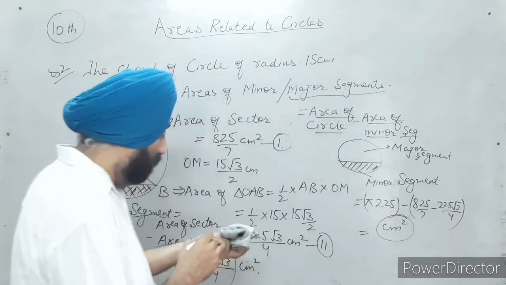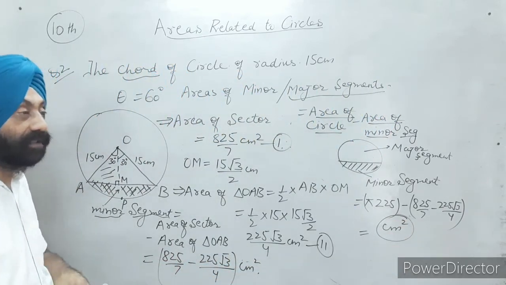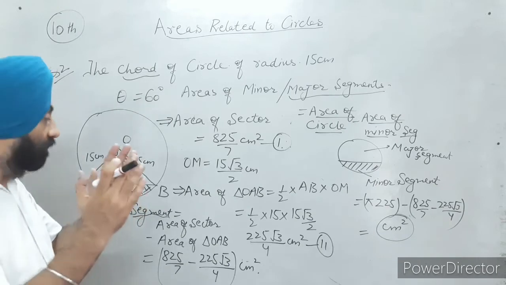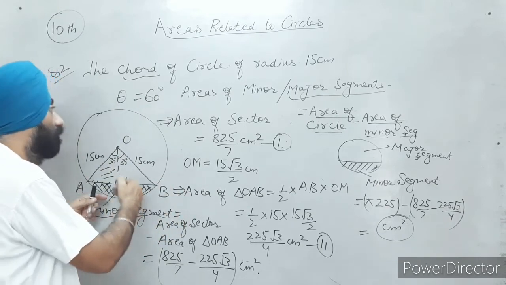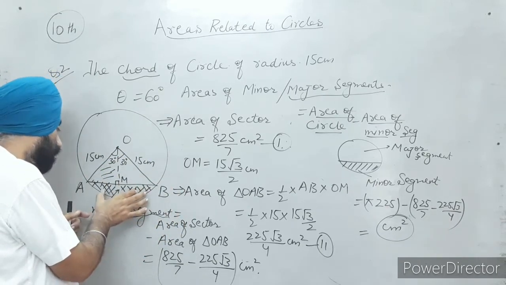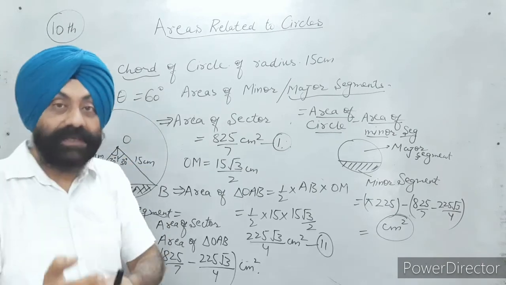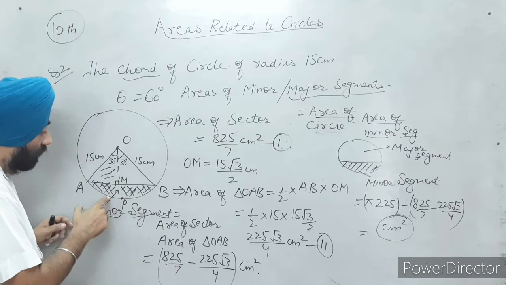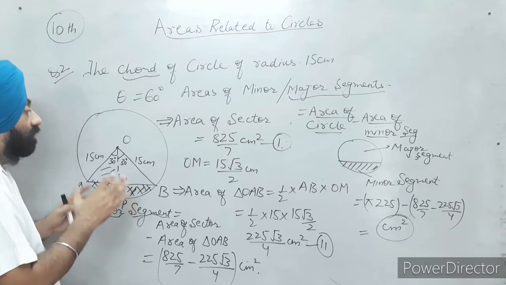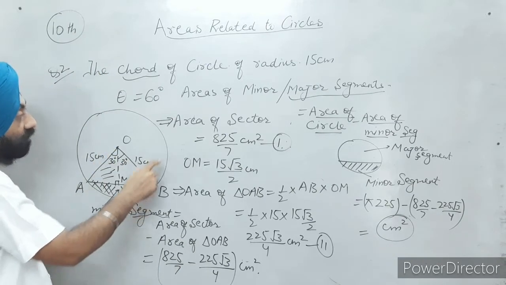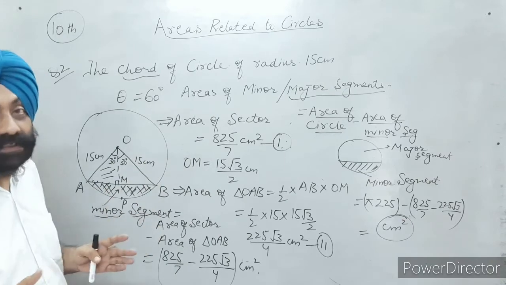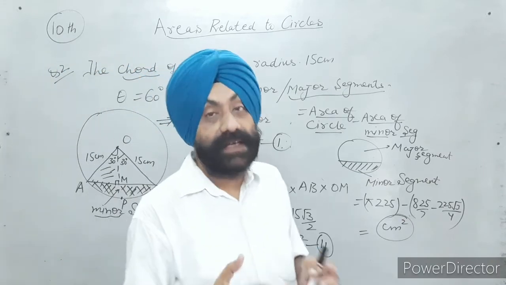This is the area of the major segment. This is the way we find the areas of the corresponding segments, that is minor segment as well as major segment. Now again I will repeat the thing. I wanted to calculate the minor segment first. I calculated the area of the sector using the formula theta upon 360 into pi r squared.